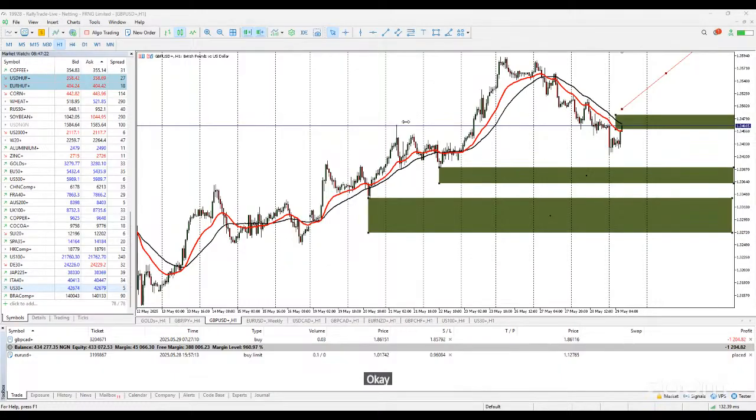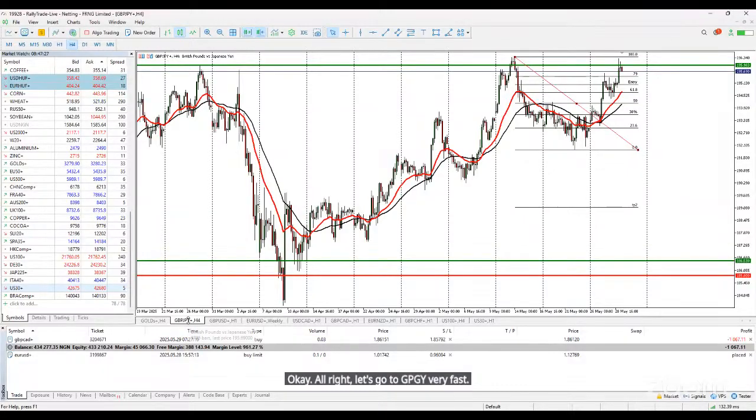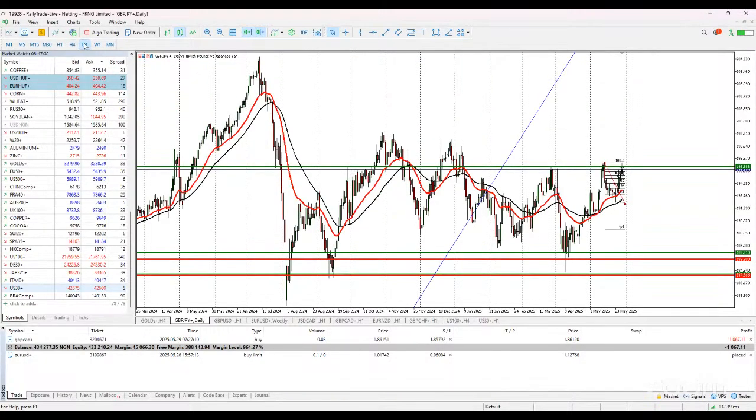Okay, all right. Let's go to GBPJPY very fast. Now, on the daily time frame on GBPJPY, I emphasize something. You can see I already drew my Fibonacci.